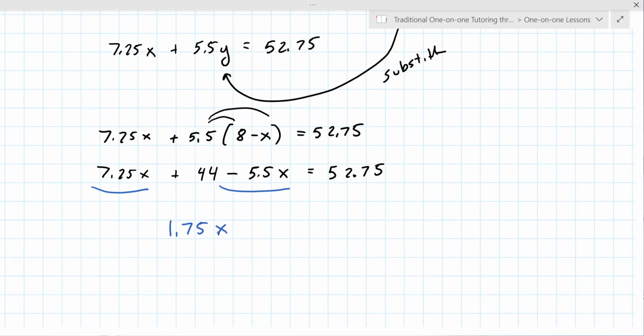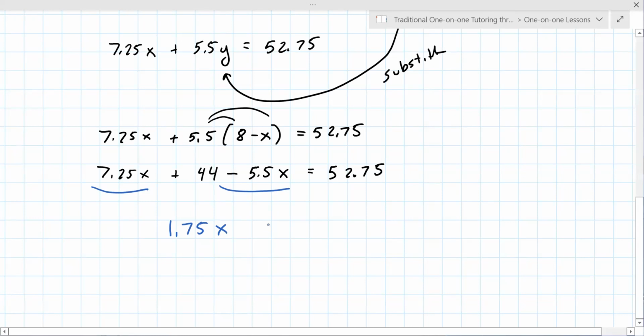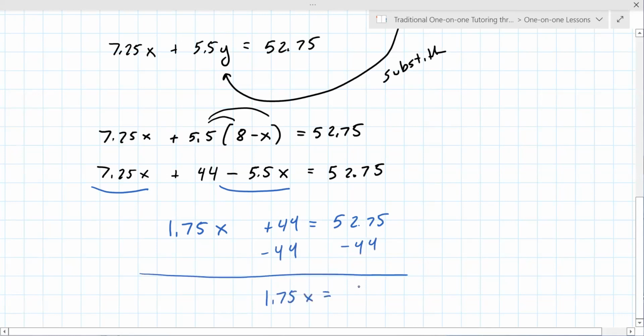Okay. Plus the 44 equals 52.75. So subtract 44 from both sides. 1.75x equals 8.75.